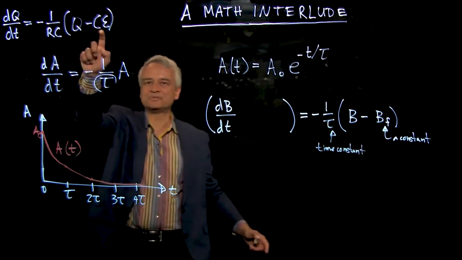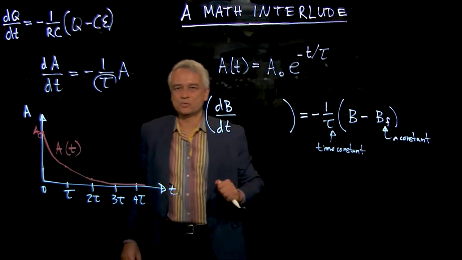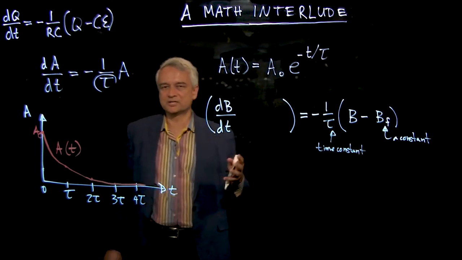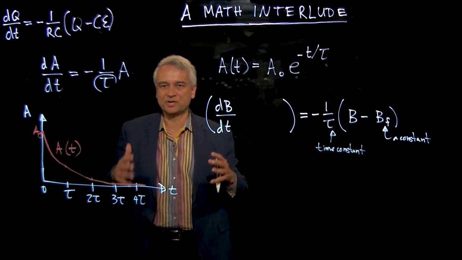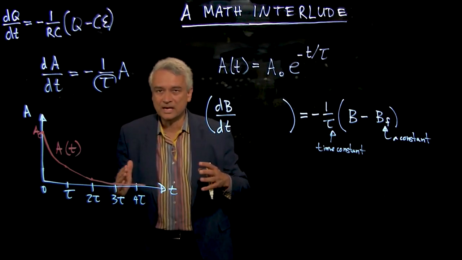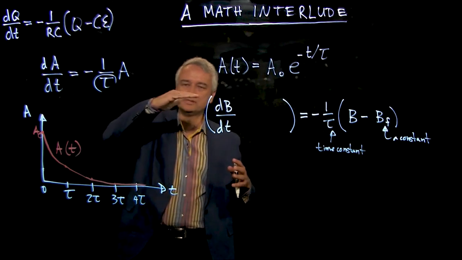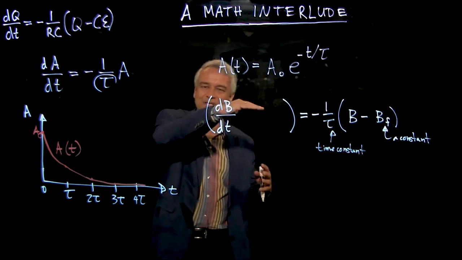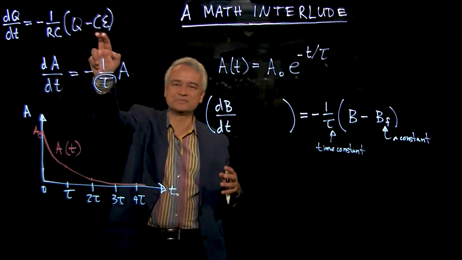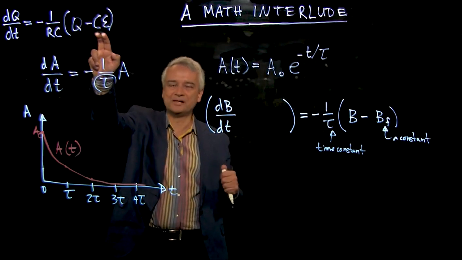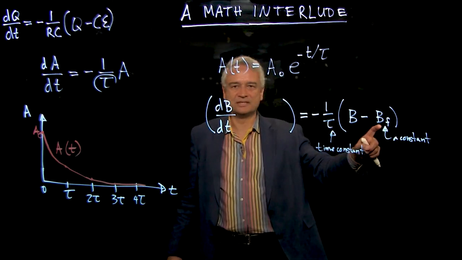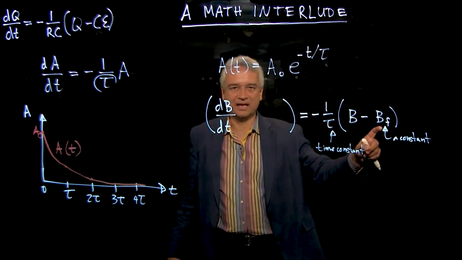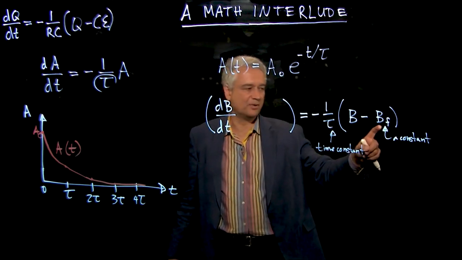Now, what was c epsilon in the physics? If you remember our discussion of the physics of that charging capacitor, the charge on the capacitor Q started out at 0, and then it rose and plateaued, and at late times it was a constant, and that constant was c epsilon. So the final value of Q was c epsilon. That's why I've called this constant Bf. Thinking ahead, this is going to be the final value of B.